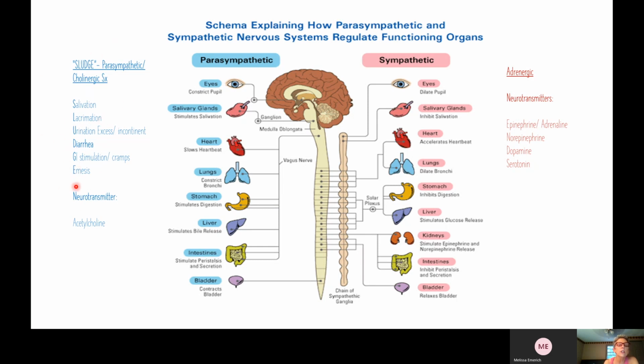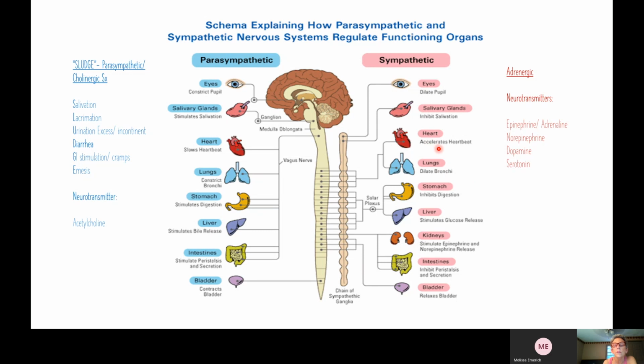Lots of salivation, and the GI tract being stimulated. Feed and breed, okay? And if you are blocking that, then everything is going to dry up. Can't see, can't pee, right? Those kinds of things. So this particular slide I really like because you can compare and contrast.